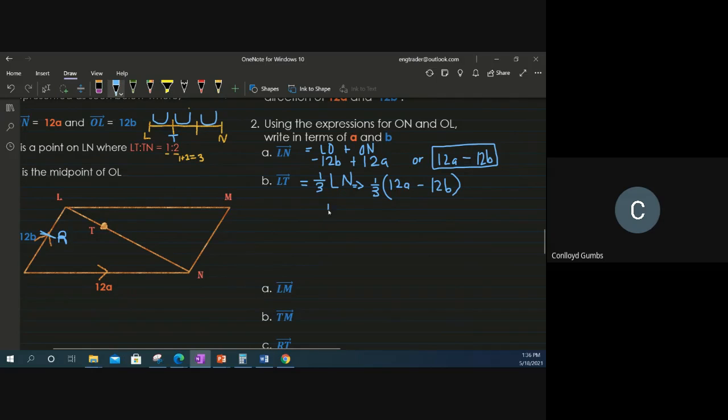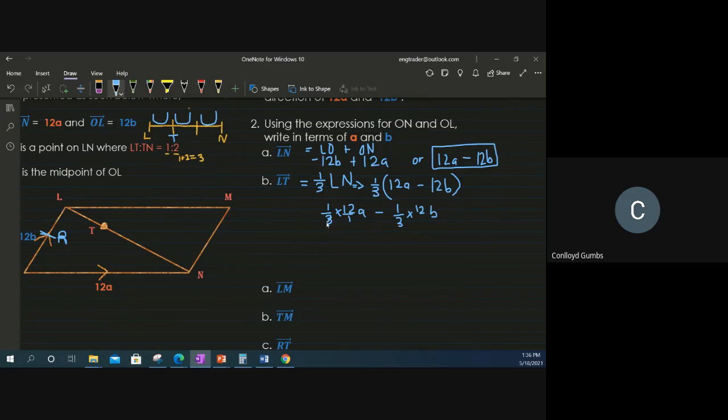So using the distributive law, 1/3 times 12A minus 1/3 times 12B. If you think of 12 as a fraction, it's 12 over 1.